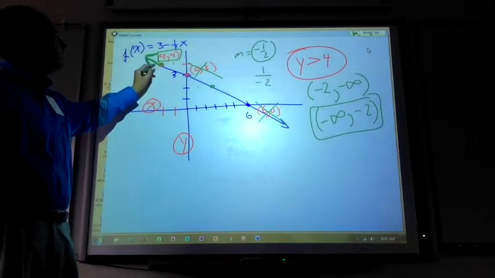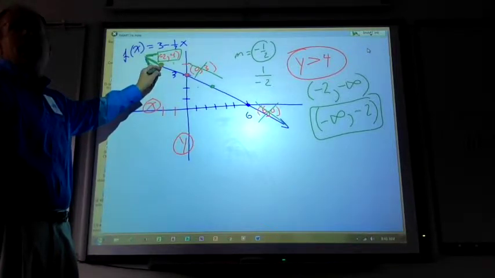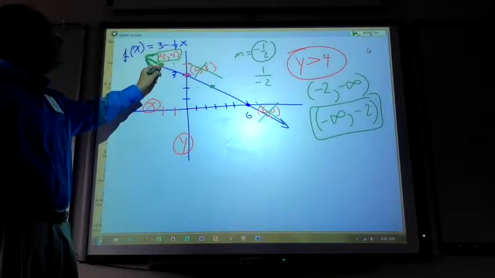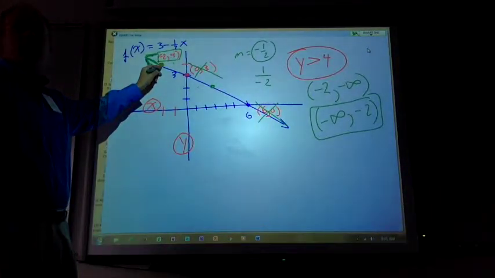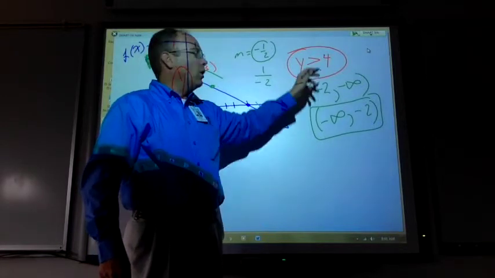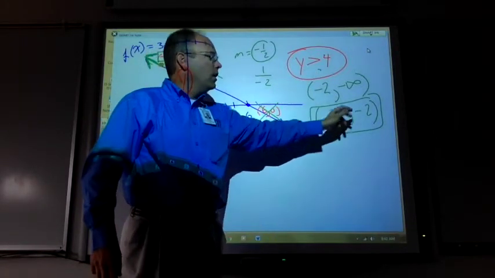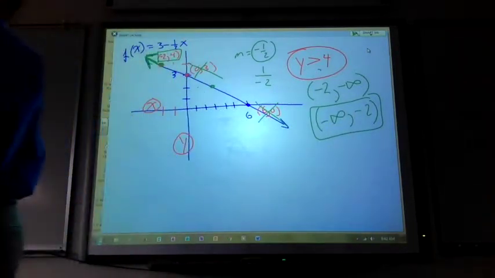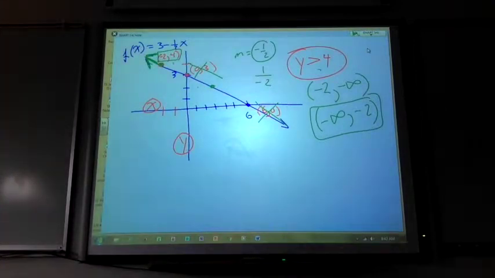When I get to this point, what am I exactly at? In the y component, I'm at 4. Do I want it equal to 4? No, so I'm going to use a parenthesis to express that we get really close, that x value to be negative 2, and that's still going to yield me a value that is bigger than 4.